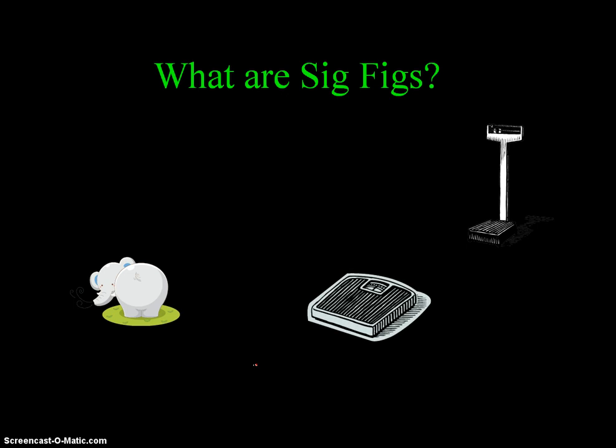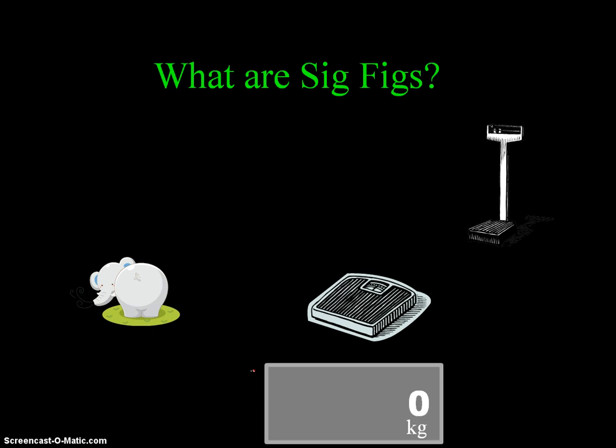So I'm at the elephant store looking for elephant scales, and they don't make elephant scales with a great degree of accuracy and precision. It's really just not necessary to know the weight of an elephant within a tenth of a kilogram or a hundredth of a kilogram or even to a single kilogram. They're such a big animal, right? It's not necessary.